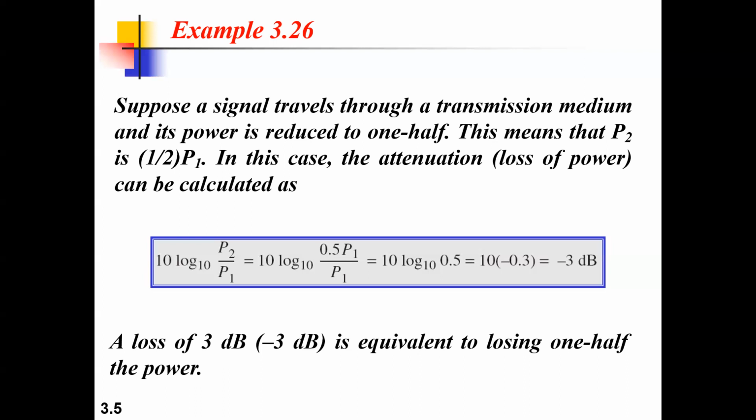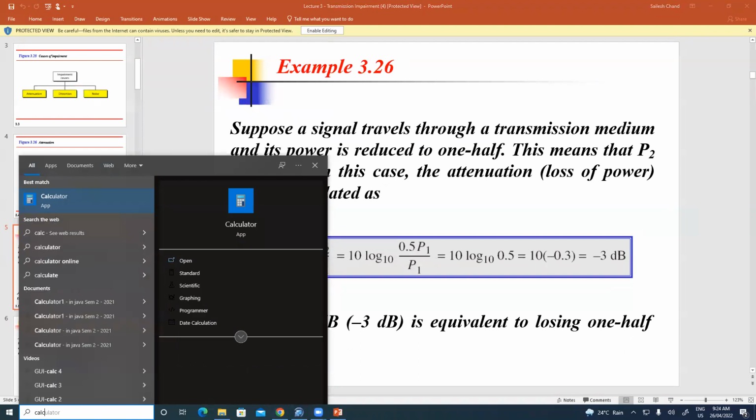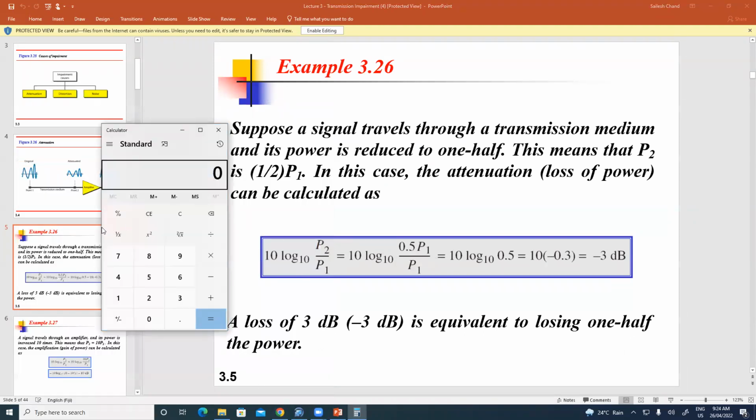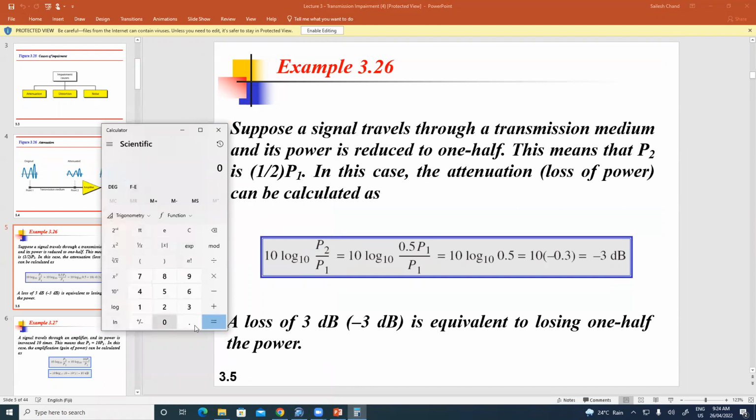Here you get 10 times negative 0.3, because log of 0.5 is negative 0.3. You do that in your calculator. Get your calculator open there. Remember the calculators in the computer use base 10.